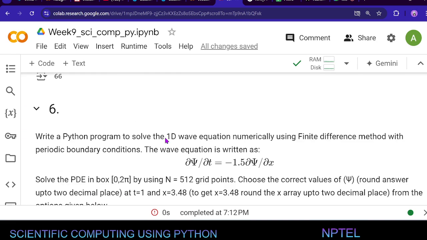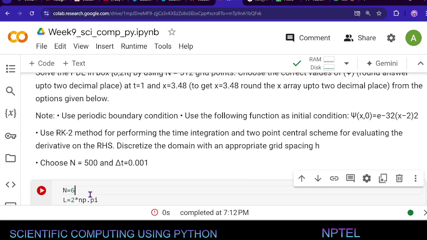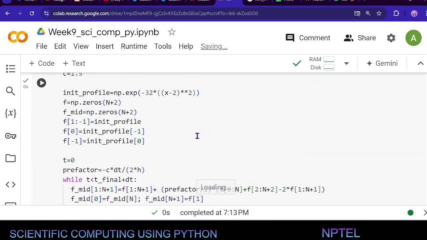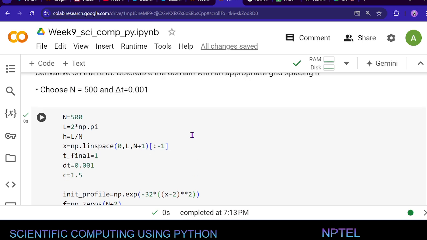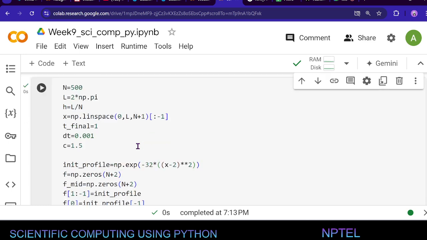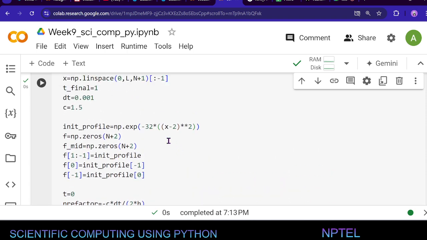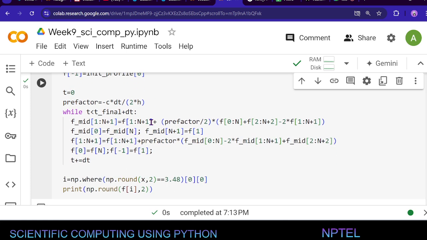Oh, we did not choose n is equal to this. So we had to choose n is equal to 500 or 512. We'll see. Yeah. Oh, why is it giving such high numbers? Oh, right.